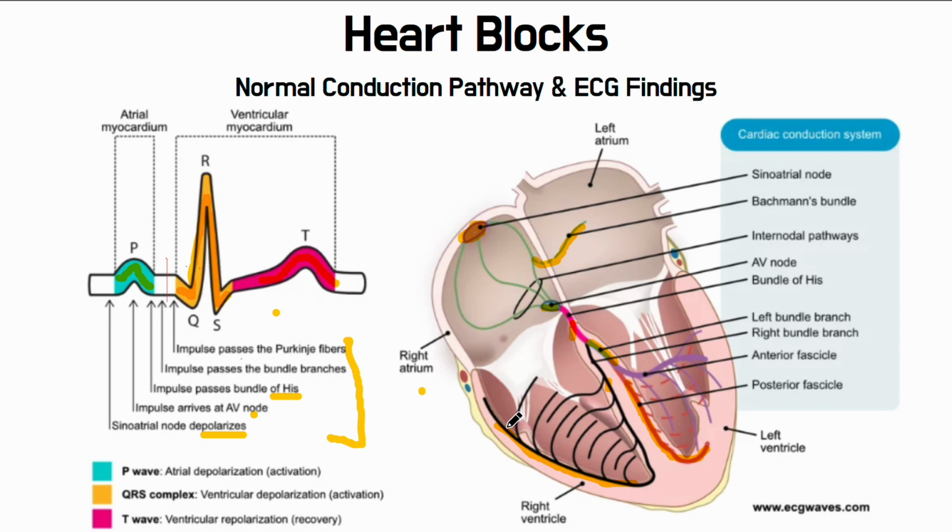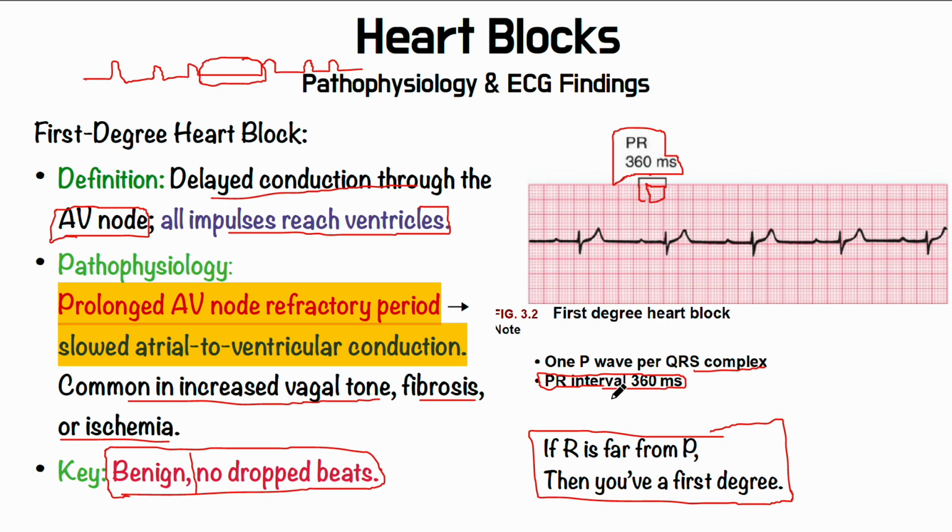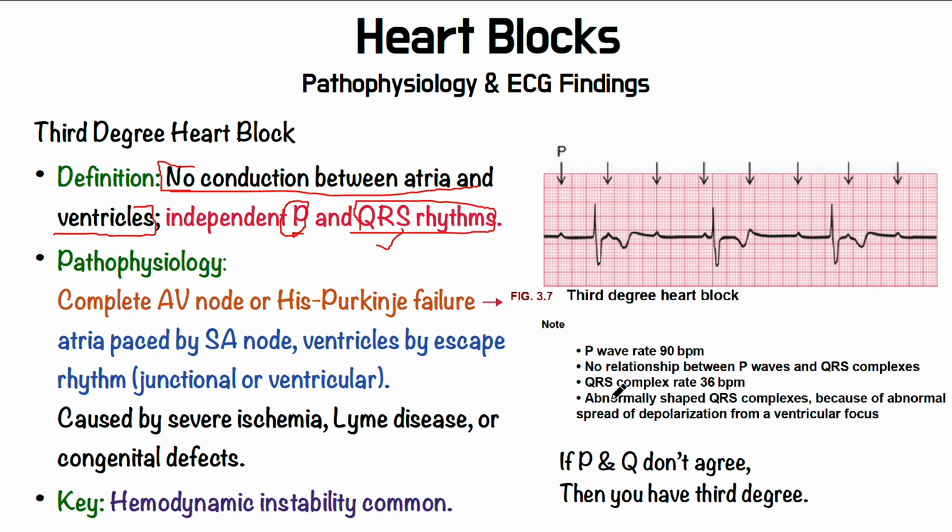That is how the other pathways are normally in a suppressed state. But if there is no transmission of impulse to the ventricles, the suppressed AV node will start conducting. The suppressed bundle of His and Purkinje fibers will start firing their own beats. That is how there is no relationship or dependency between P wave and QRS rhythms in third degree heart block.